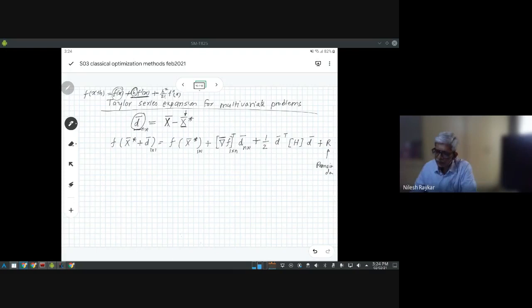If your d bar is sufficiently small, the remainder can be ignored. That is what we usually do. For the purpose of optimization, we are considering only up to the second term, after the main function.